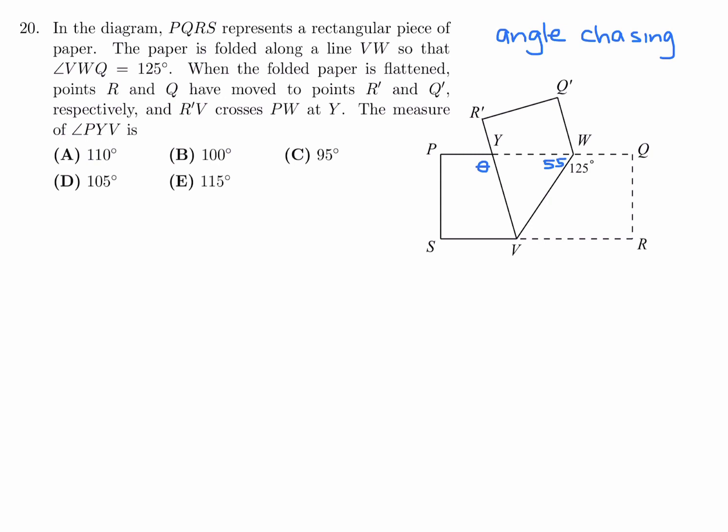All right, what else can we label here? Using that pattern, we know that this is also going to be 55. And what else here? This angle in here will be 180 minus theta. And then using that pattern right there, this angle will be 180 minus theta.